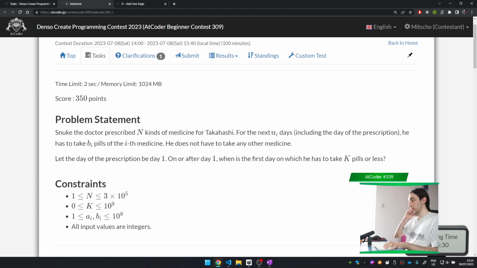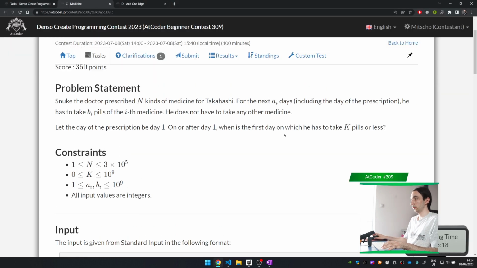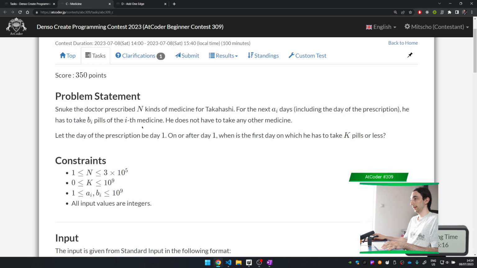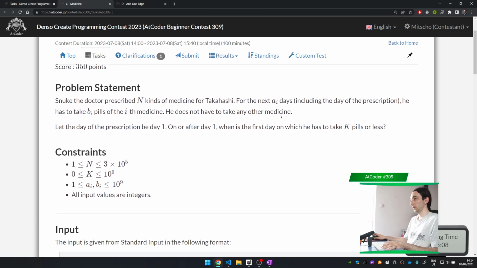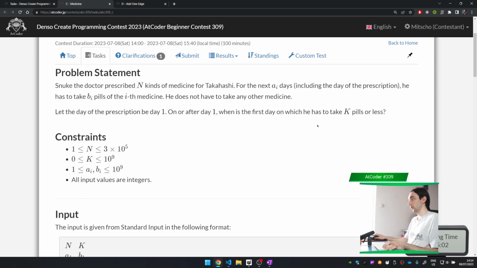Just take for the next a_i days. I mean, I don't know if we can really avoid binary search here. No, we can't. So I think I will do it with binary search.